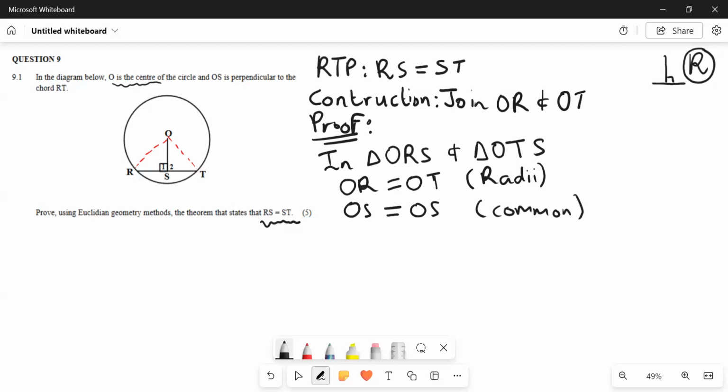And then S1 is equals to S2. The reason we are given that S1 is equals to S2, which is equals to 90 degrees.